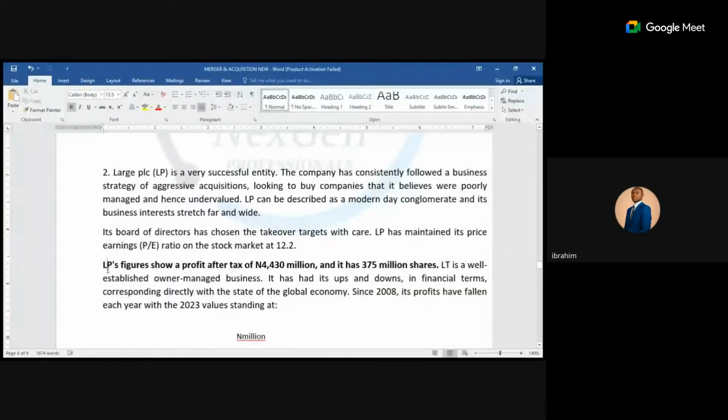LP figures show a profit after tax of 4,430,000, meaning that the profit after tax of LP is 4,430,000, and its shares is what? 375 million.